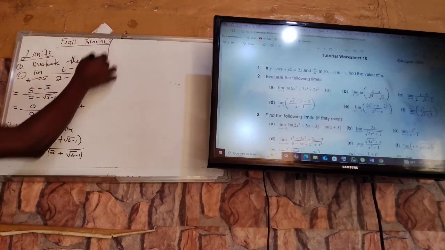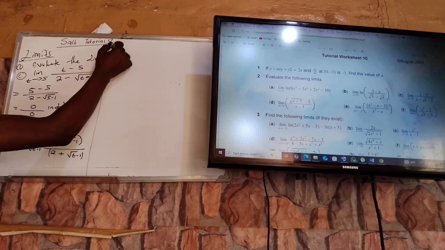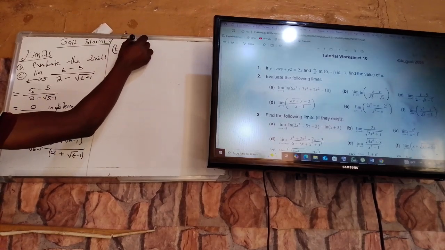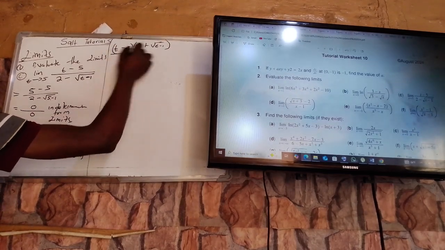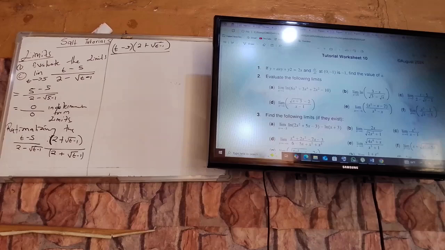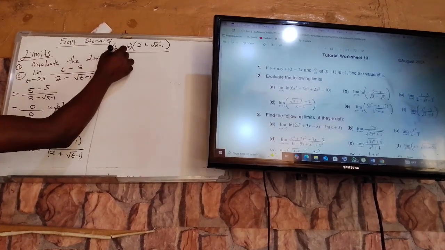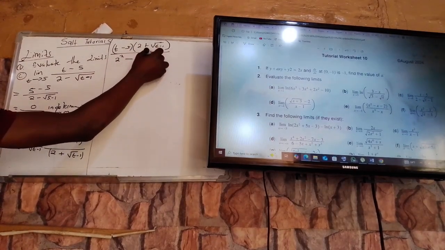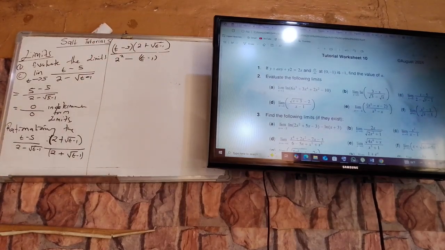After rationalizing, I'm going to have t minus 5 times 2 plus root of t minus 1 over, this is a difference of two squares, so this will be 2 squared minus t minus 1 squared, sorry, t minus 1, since the root has gone.